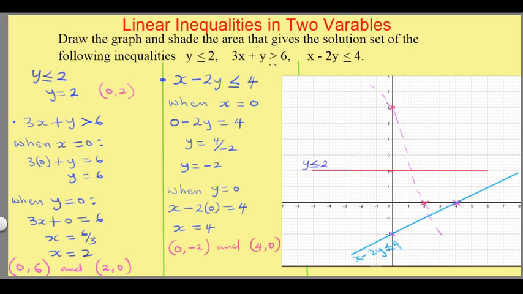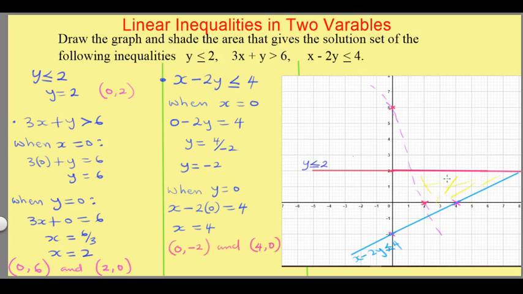The second one says the regions that are above, that means this part. While this one says the regions that are less than, this is this part. So if we are going to draw this graph clearly, let me extend the first one. So here now, this is the acceptable region for the three inequalities.